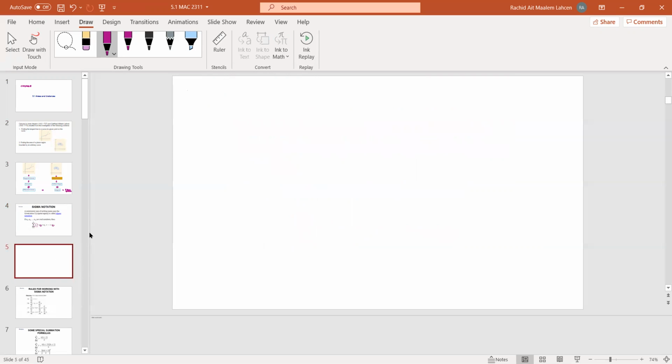So let's say from the homework 5.1, question 1, it says the summation, k equals 1, 1 squared plus 2 squared plus up to 12 squared. What does this mean?